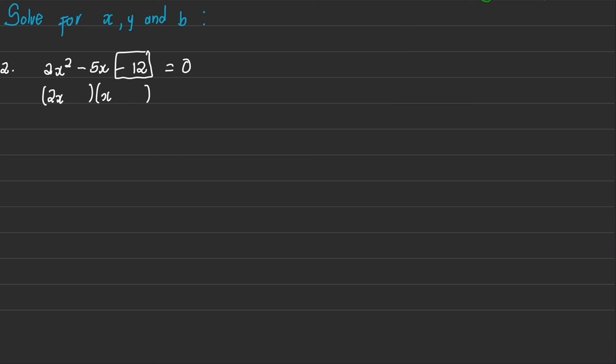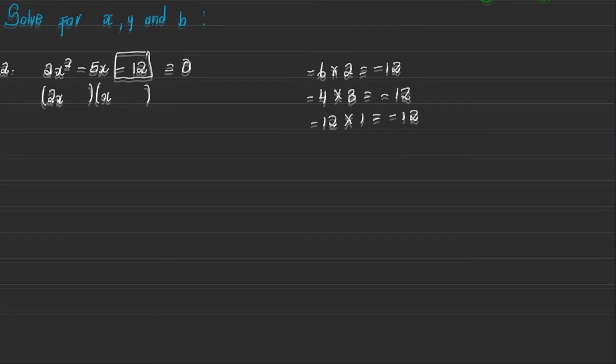So you have -6 multiplied by 2, which is equal to -12. You can have -4 multiplied by 3, which is equal to -12. You can have -12 multiplied by 1, which is equal to -12.